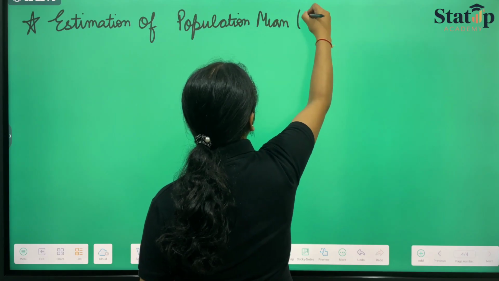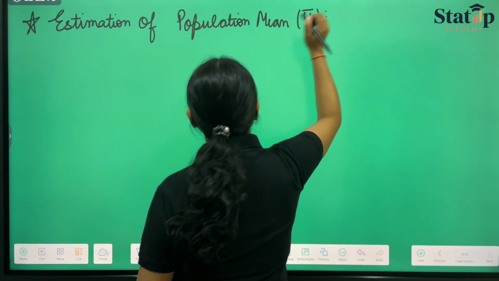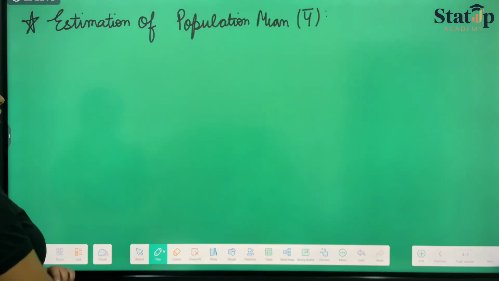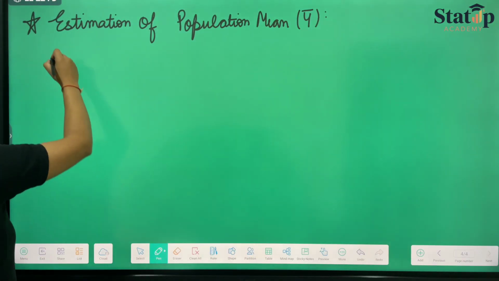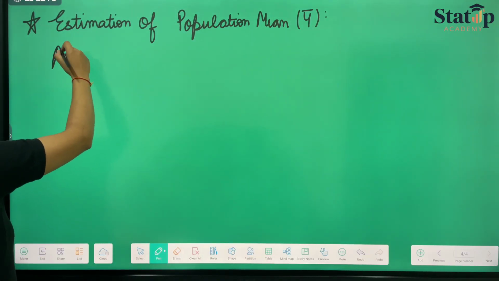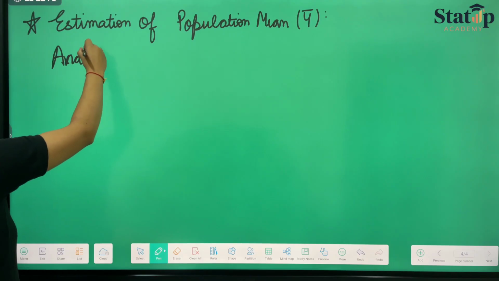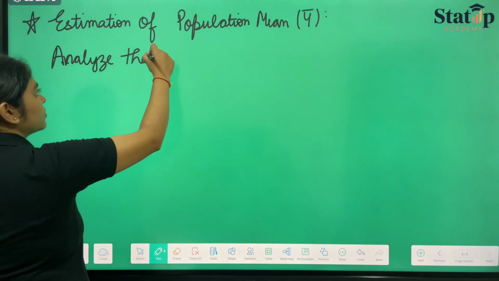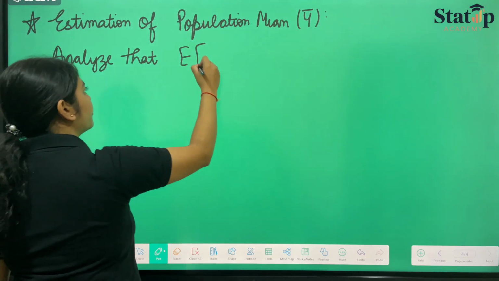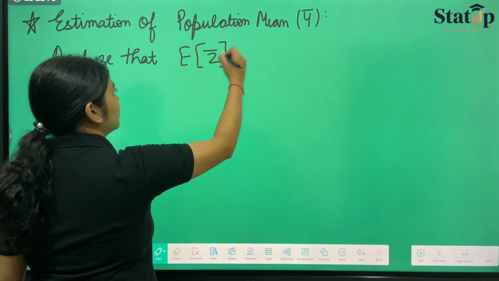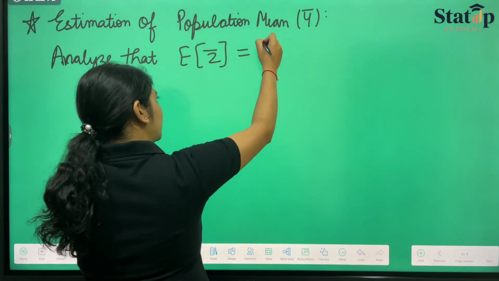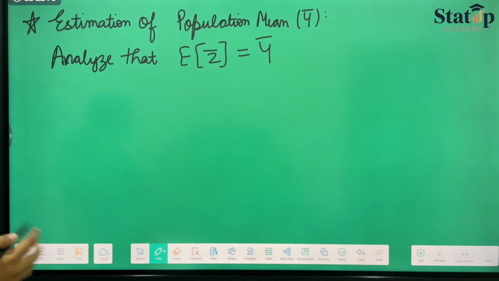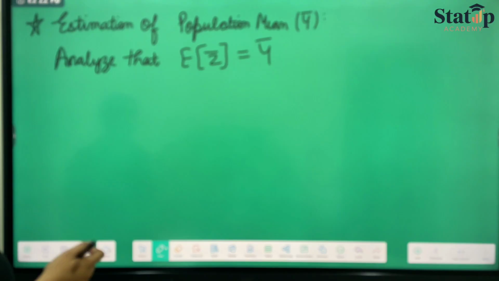So now, our estimation of population mean is given by y bar, right? So in estimation of population mean, we have to analyze that the expectation of z bar, which is the mean of the two estimators, equals the population mean, or z bar is an unbiased estimator of population mean.